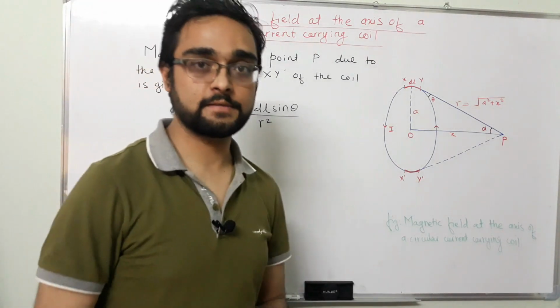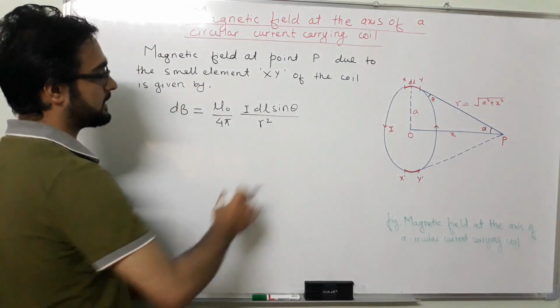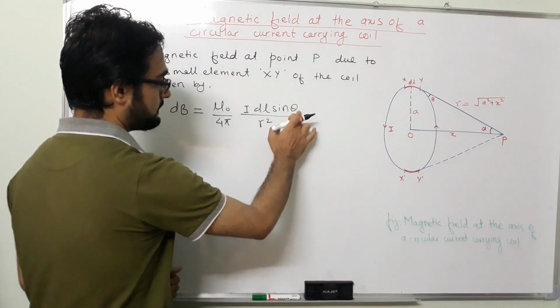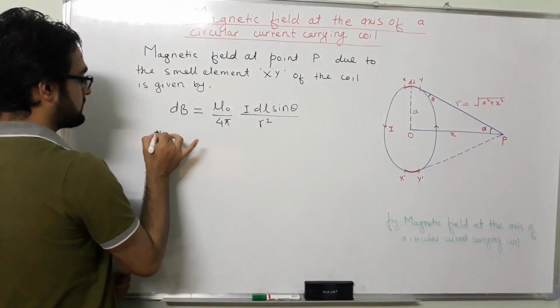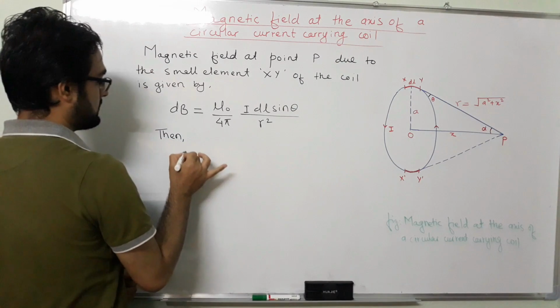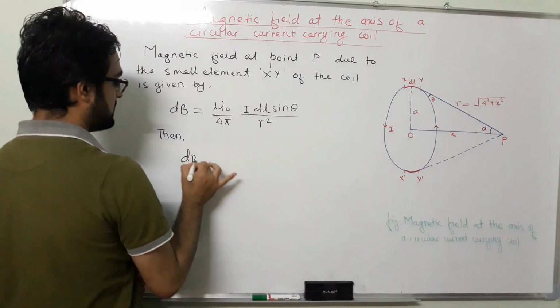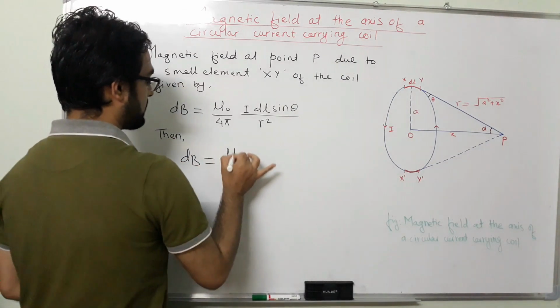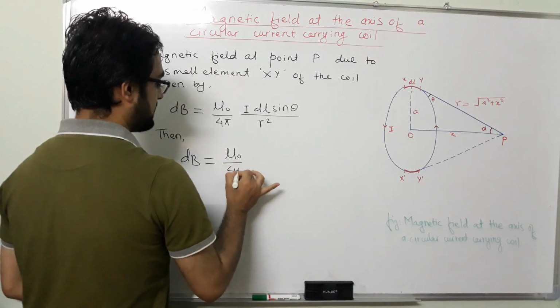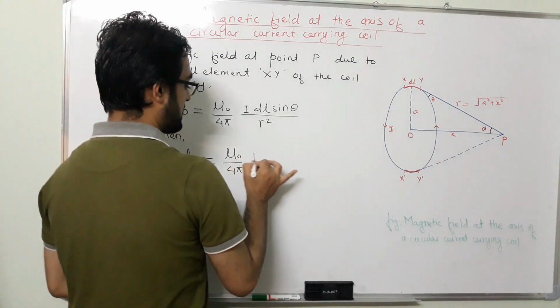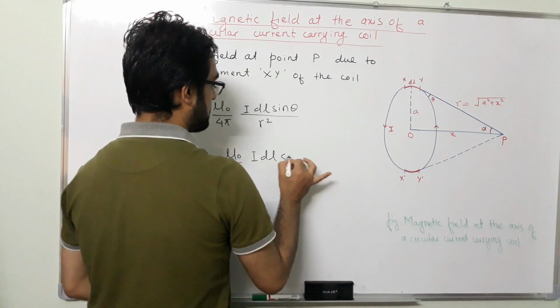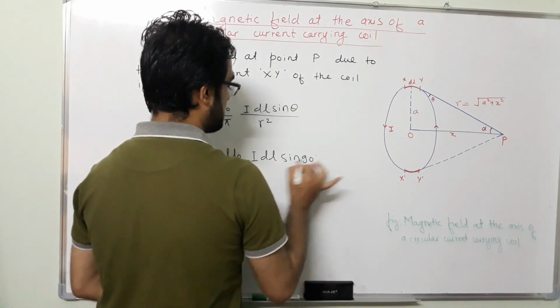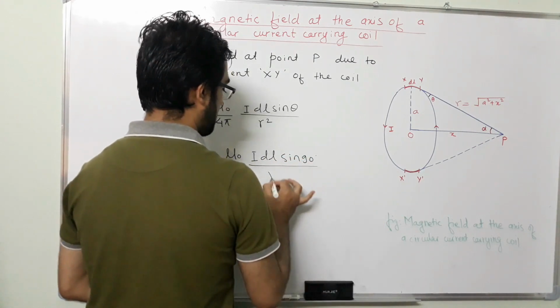Here the value of theta is always 90, that's why I put 90 instead of this theta. Then dB is equal to mu naught by 4 pi, I dl sine 90 divided by r square.